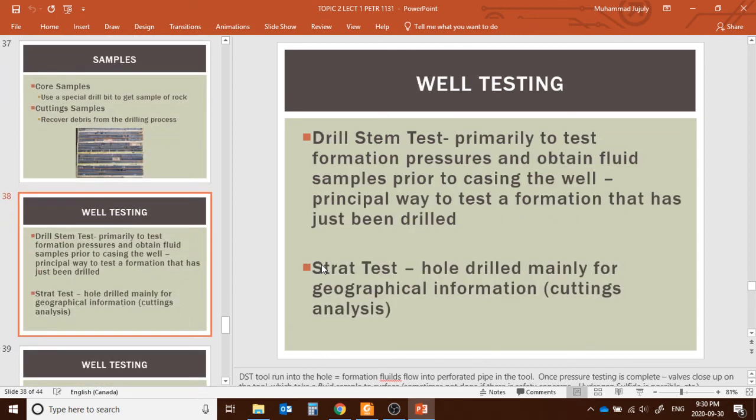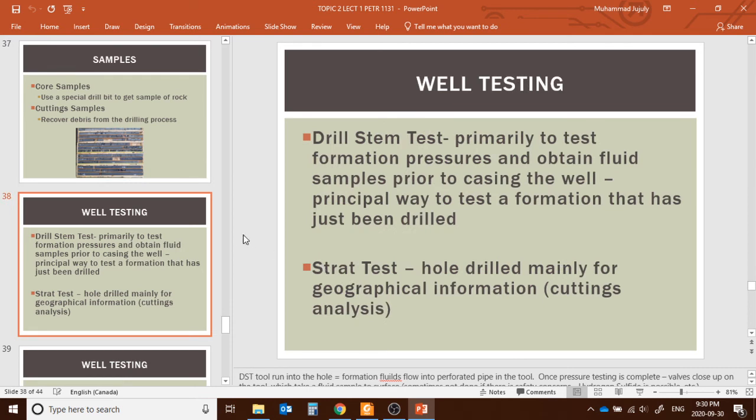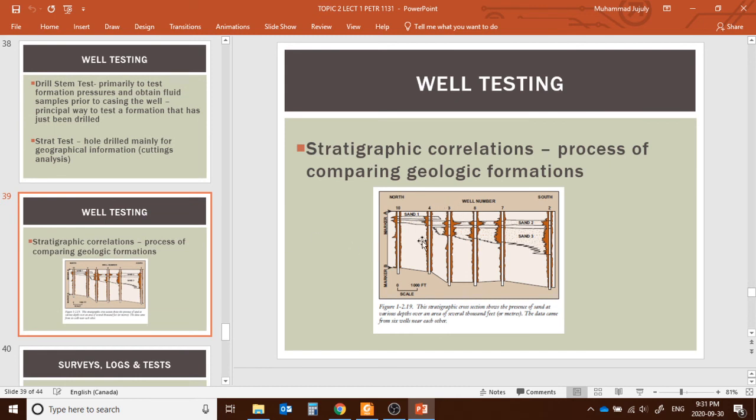Now after getting the core sample, we do the testing, okay, and from the testing we do the analysis. We do testing on the core sample, like the drill stem test and the stratigraphic testing, and from there we can make a stratigraphic correlation.